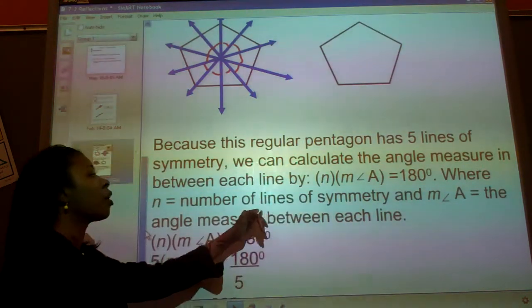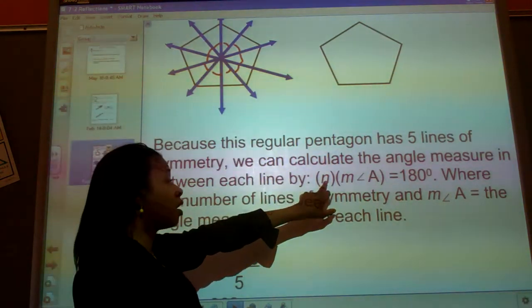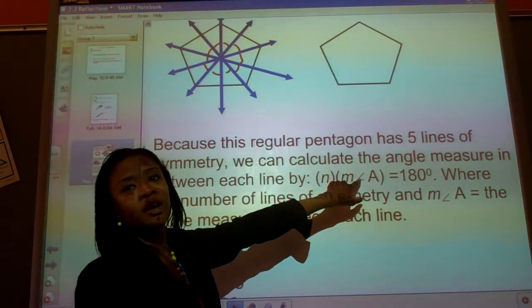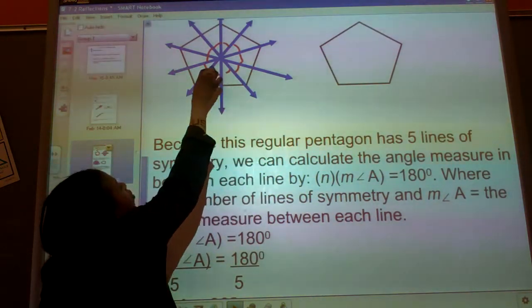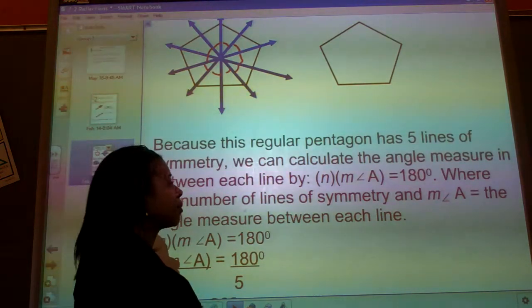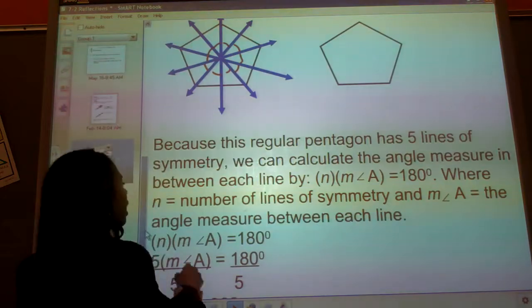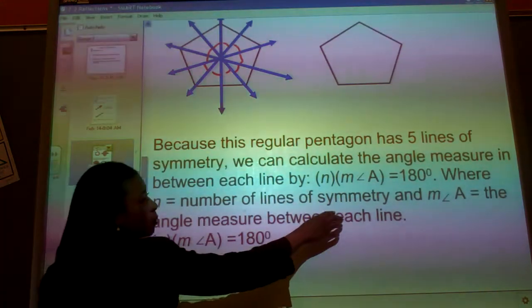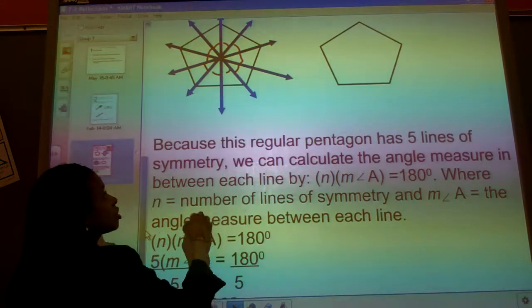N is just the number of lines of symmetry. And in this example, the number of lines of symmetry is 5. We're trying to find out the measure of angle A. And the measure of angle A just means what's the measure in between each of those lines of symmetry. And it's always equal to 180 degrees. Okay, and again, where n is the number of lines of symmetry, and the measure of angle A is just equal to the angle measure between each line.